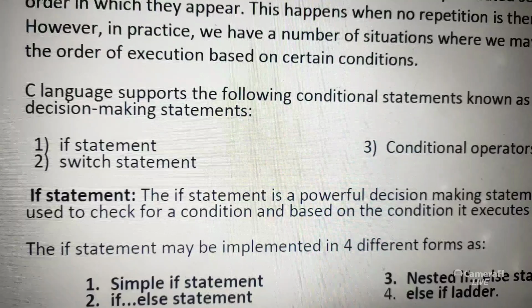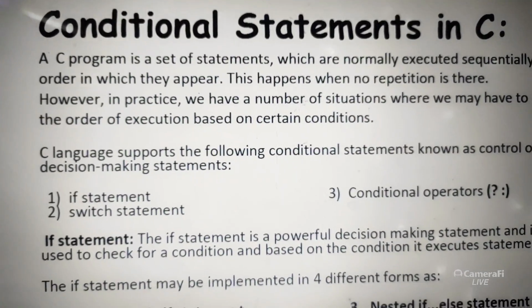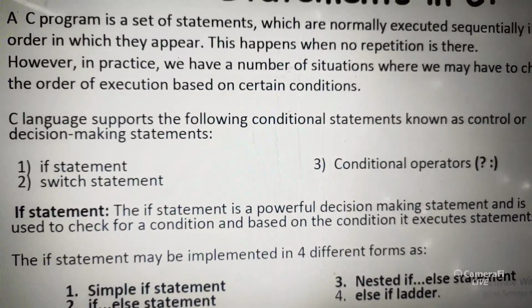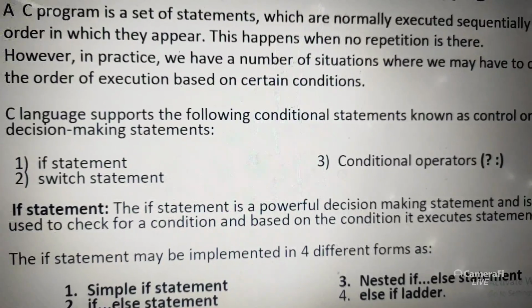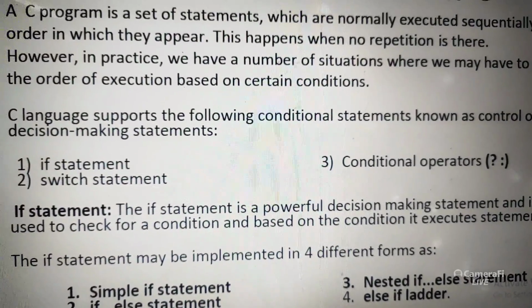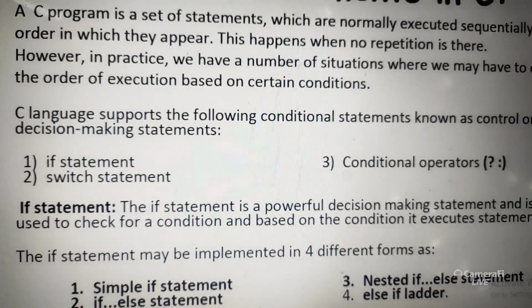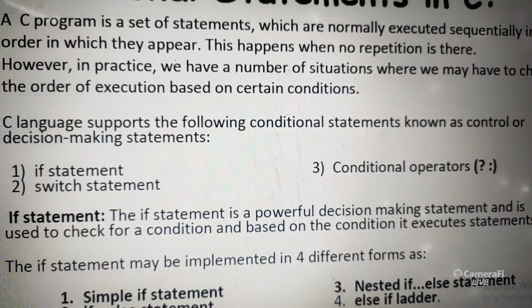Why did we use these if and switch condition statements in C language? To change the order of the execution. Every time we need not execute all the statements. When you order an item at Zomato or somewhere, your location will be traced first. You cannot order food from Warangal to Hyderabad.